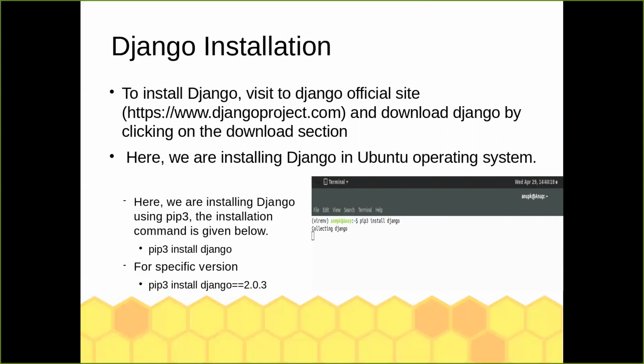Here we are installing Django using pip3. The installation command is given: pip3 install django. For a specific version, pip3 install django==version-number.